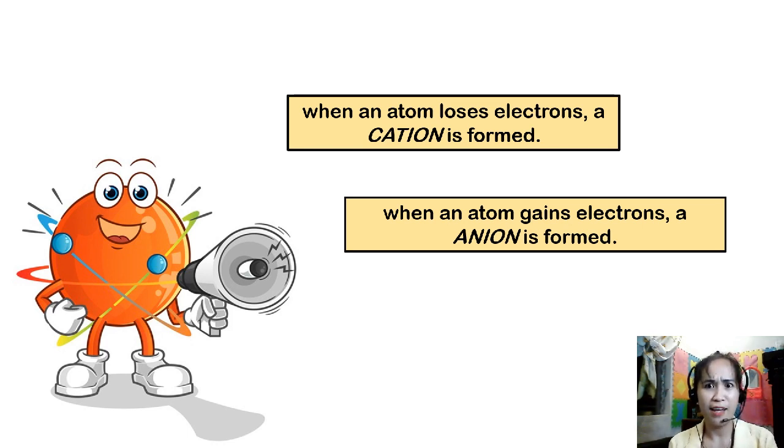And in later levels, you will also learn that some elements, instead of losing or gaining electrons, they tend to share electrons with other atoms to form compounds. So you will know that in your next level. And in all cases, take note, guys, that it is the valence electrons which participate in the formation of these compounds. Okay?